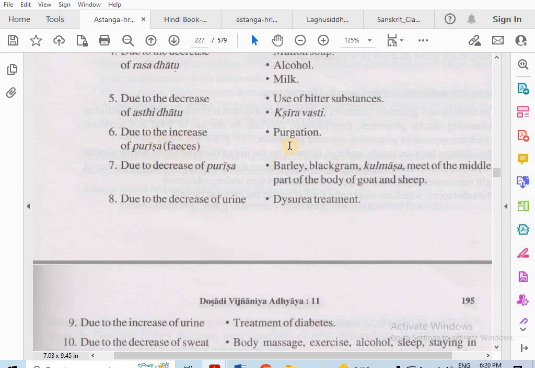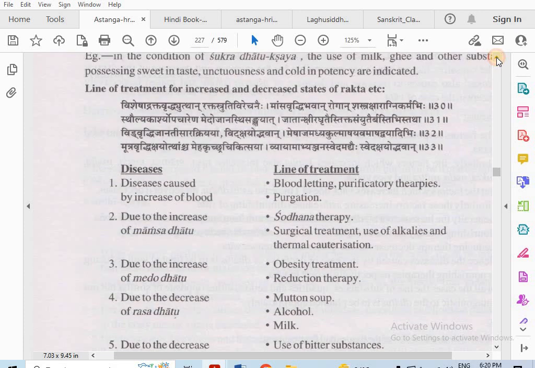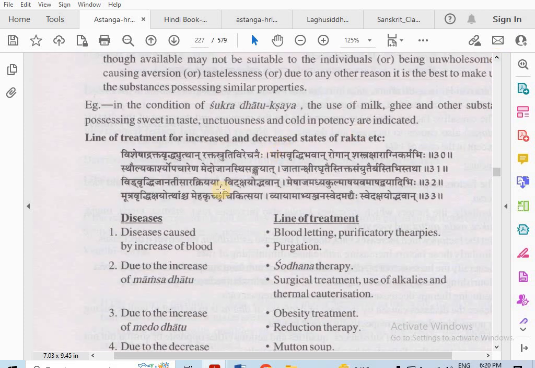Here you read purgation. So purgation is the therapy that you can call atisar kriya. Atisar kriya means by purgation, and that is the treatment for the disease that occurred due to increment of feces. Number 7 covers decrease of purisa, and also decrease of urine.